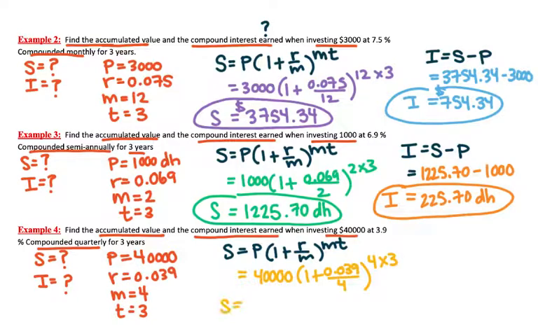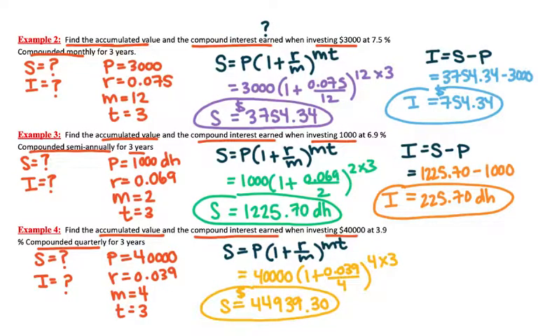We will get a future value of, according to my calculator, 44,939.303. So rounding to 2 decimal places, 0.30, and in this case it's dollars.